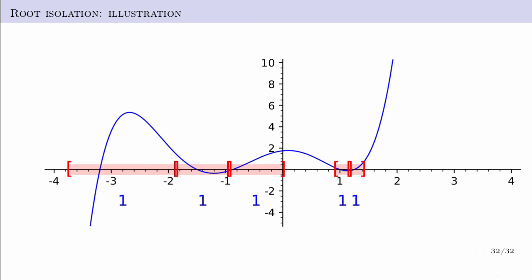And after this step, we have 5 intervals in total, and each of them contains precisely 1 root. So this is a demonstration of how we can isolate roots of a polynomial just using Sturm's theorem in combination with bisection of an interval.